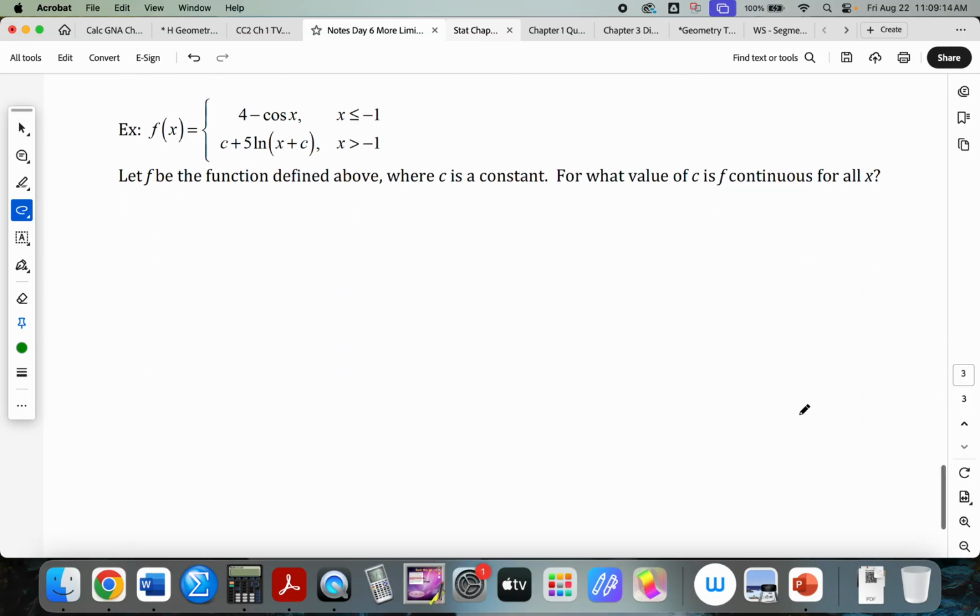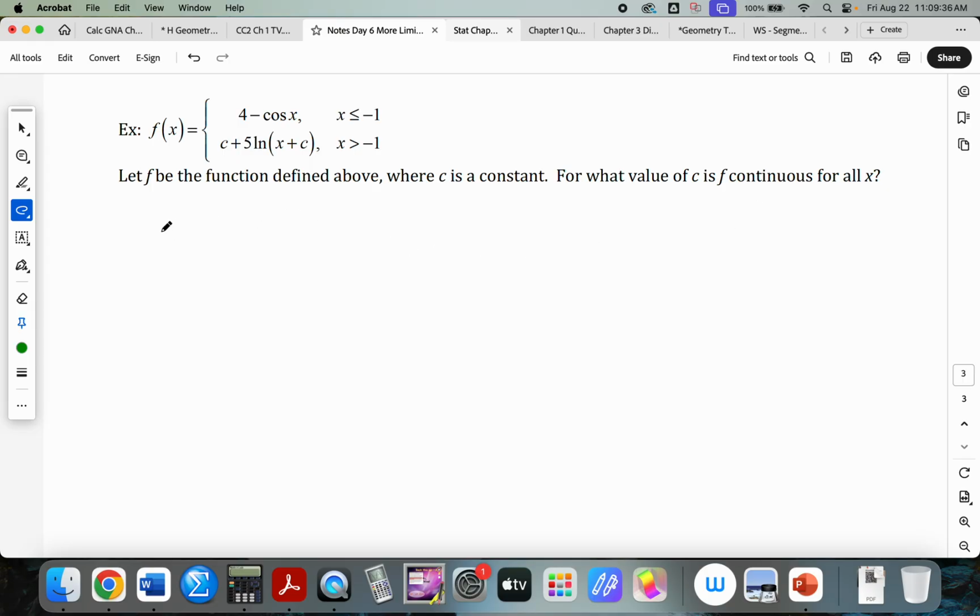Let's do this one first, and if we have time, I'll do one more. So if f of x is equal to this piecewise function, where c is a constant, for what value of c is f continuous for all x?